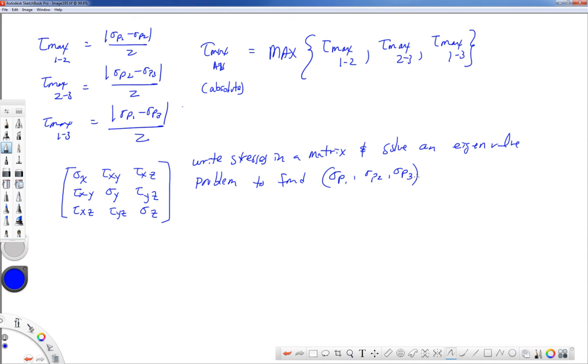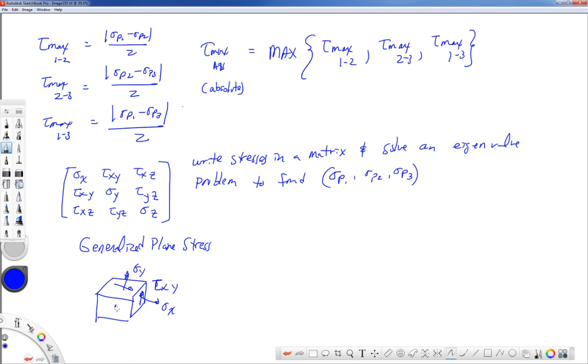What we are going to do, though, is take a look at a special state of stress called generalized plane stress. And let me just make a note about that. State of generalized plane stress, if I were to draw it on my cube, has the same components as plane stress, where I've got a sigma y and a sigma x and a tau xy.